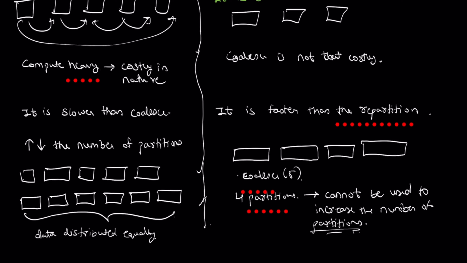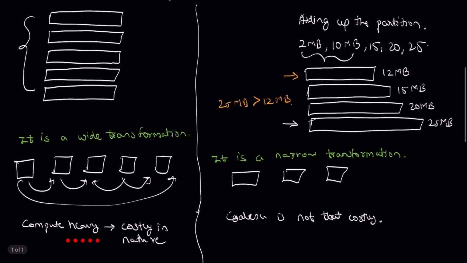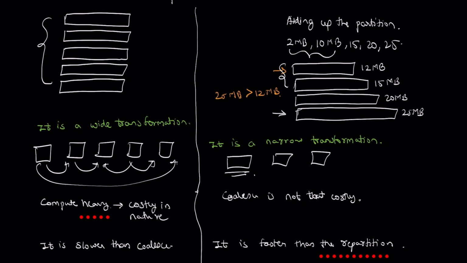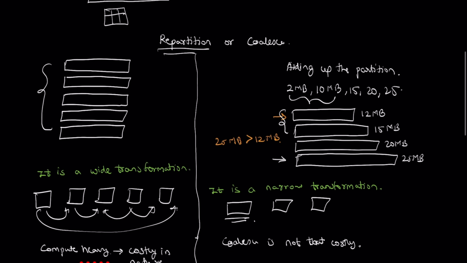Because in coalesce, what we were doing is adding two partitions to create a different partition. So since we are adding two different partitions and merging them, we cannot increase the number of partitions. It would always be decreasing or remaining the same. And hence in coalesce, we cannot achieve more partitions than the previous step. So when the use case is that you require more partitions than the previous step, you have to go for repartitioning. You have no other choice because in coalesce you cannot increase the number of partitions.